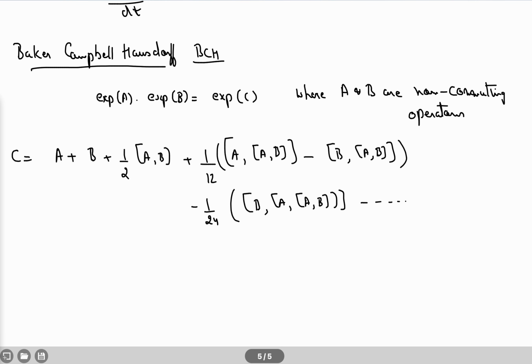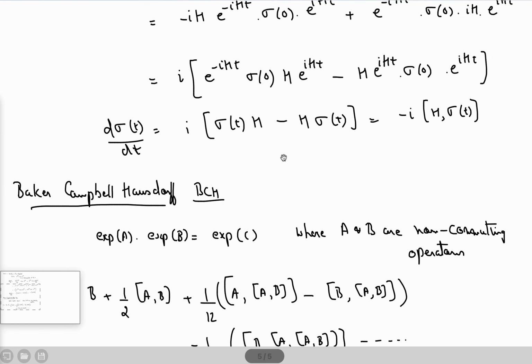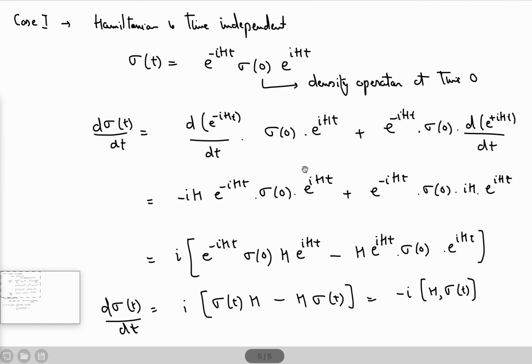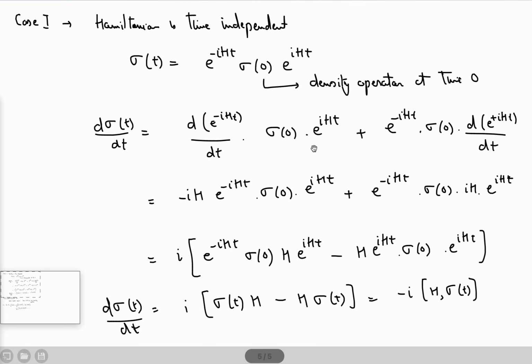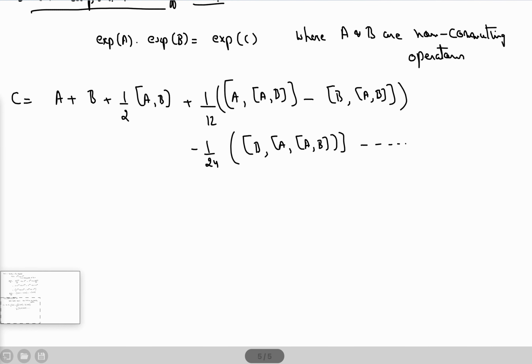However, our equation is not of the form exponential A into exponential B. What we have here is this type of equation, which we want to simplify, right? So let us now construct a function. We will use this formula, but in a slightly different way. Let us consider a function of s, given by e to the power sA, into an operator B, into e to the power minus sA.